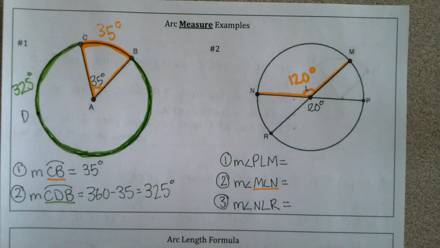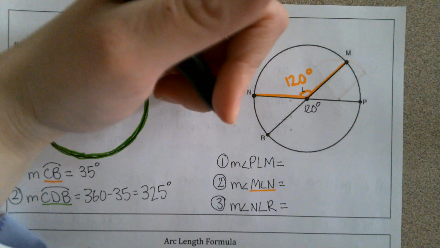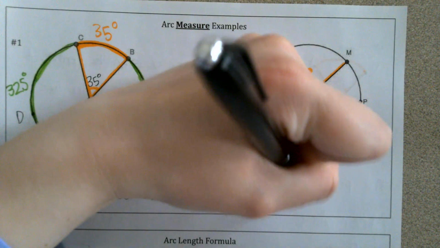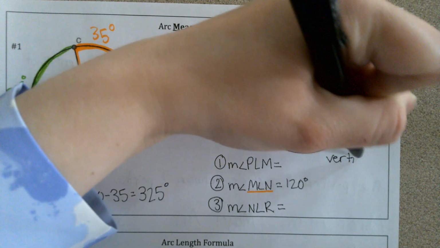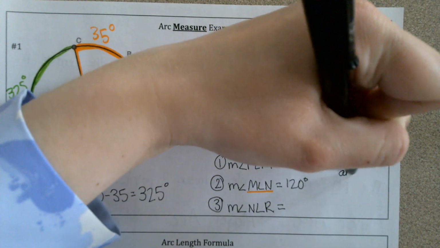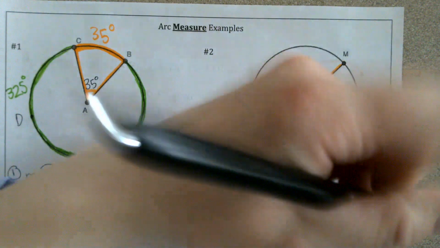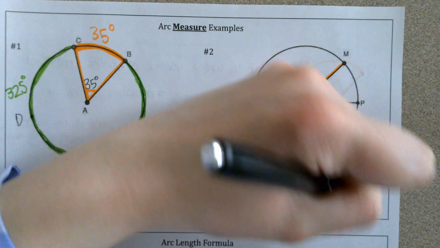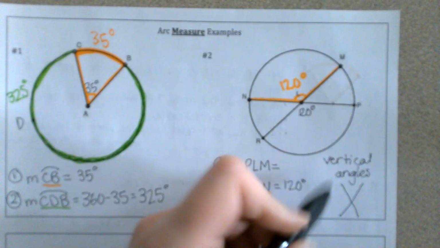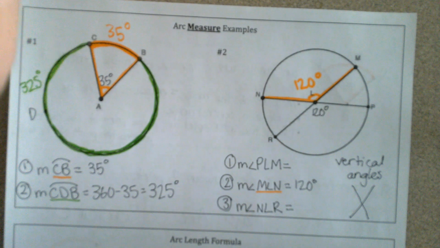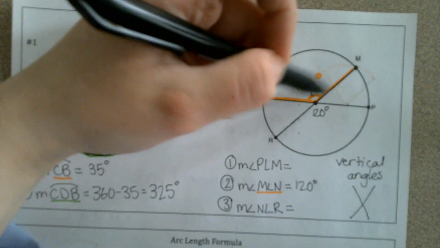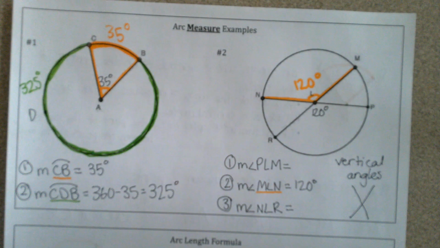There is definitely a reason for it. You may or may not remember a little something called vertical angles. For vertical angles to be present, you have to have a perfect X. And when I say perfect, I mean perfectly straight lines, like we do here. They have to be straight angles. So make sure that when you follow the line, it is perfectly straight. It doesn't veer off at all.